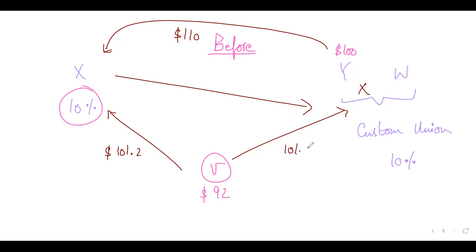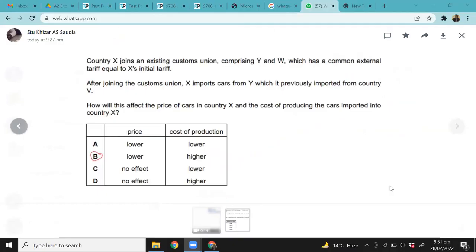Previously, X imported cars from V and the total price X consumers had to pay was 101.2. Now they're importing from Y and the total price they have to pay is $100 only because there's no tariff. So before the price was higher. Now, after joining the custom union, the price is lower. Yes or no? Easy, right?